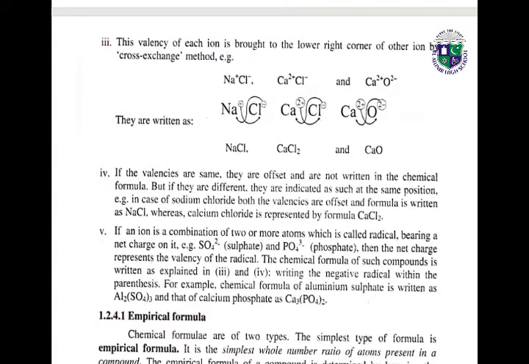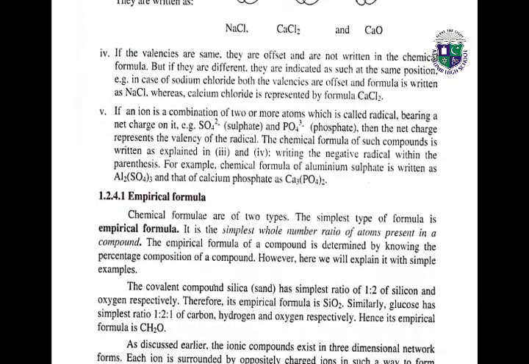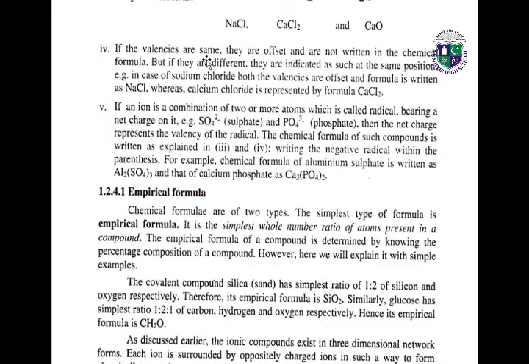These are the examples. Point number 4: if the valencies are the same, they are offset and not written in the chemical formula. But if they are different, they are indicated as such at the same position. So in the case of sodium chloride, both the valencies are offset and the formula is written as NaCl. But in the case of calcium chloride, it is represented as CaCl2.